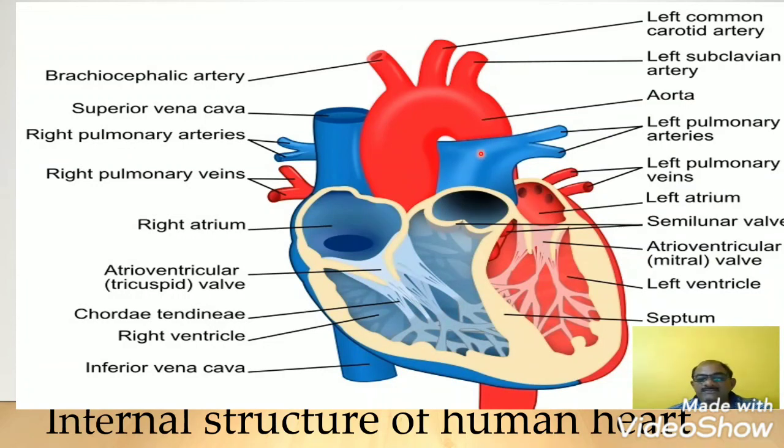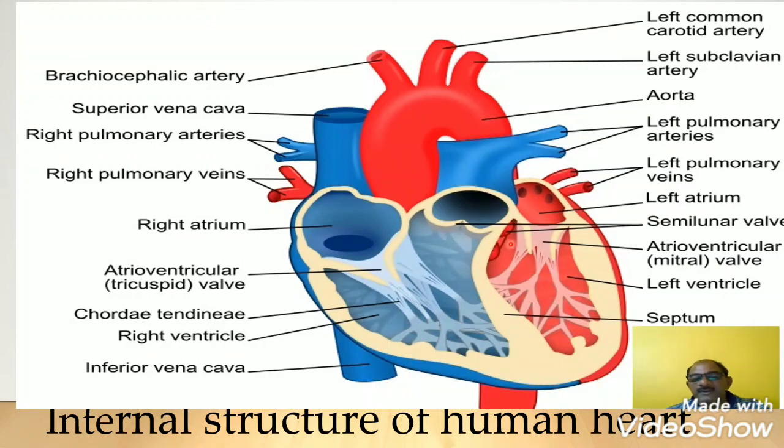And from those lungs, again back through the pulmonary veins, that blood comes toward the left atrium, and in this left atrium, pure blood is present, and that pure blood is pumped into the left ventricle through the atrioventricular valve, through this mitral valve or bicuspid valve.